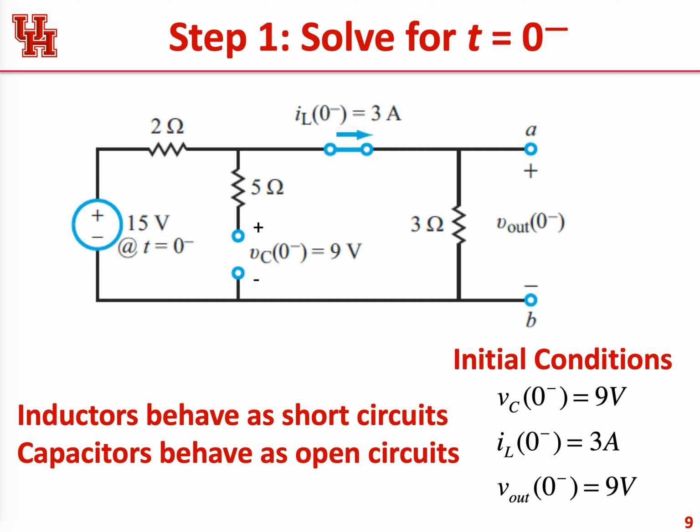And the initial current through the inductor is 3 amps, like we just discussed, and the initial output voltage is going to be 3 amps times 3 ohms, which is 9 volts. So now we have the initial conditions for this circuit.